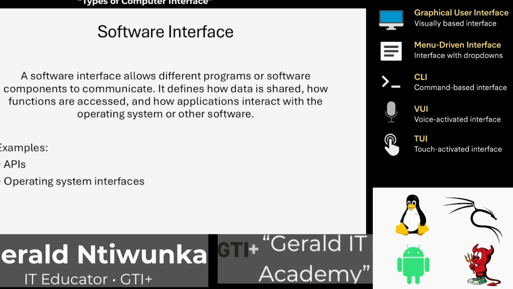It defines how data is shared among and between devices, how it functions, and how applications interact with the operating system and other software. Examples are APIs and the operating system interfaces.